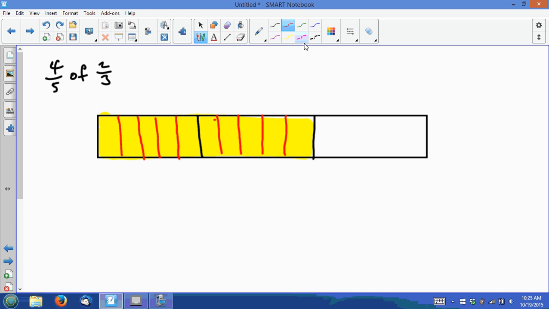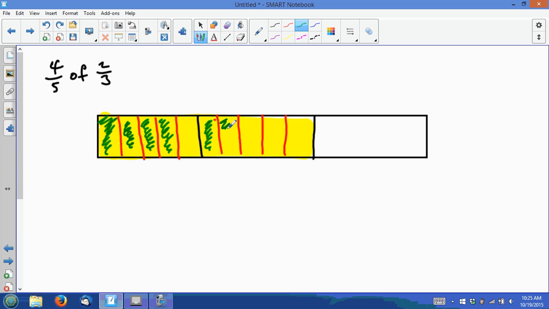Now, looking at the fraction 4/5, the fifths tells you the 5 pieces. The 4 tells you what? Hopefully you answered. It tells you to shade 4 of them. So there's 1, 2, 3, 4. And then over here as well.